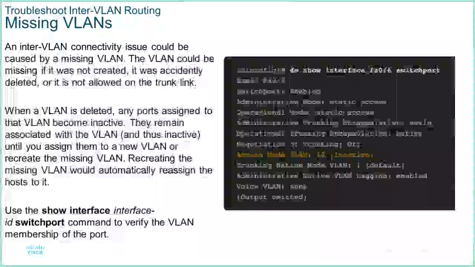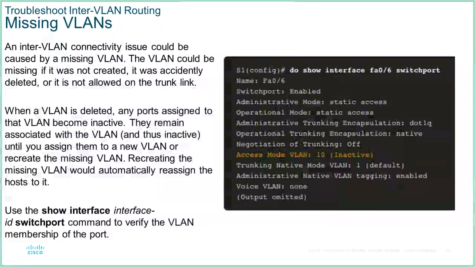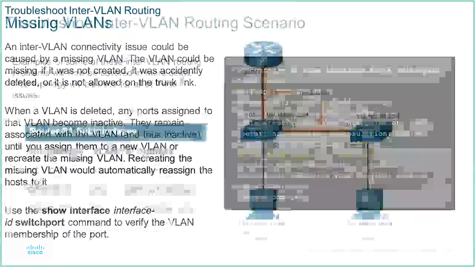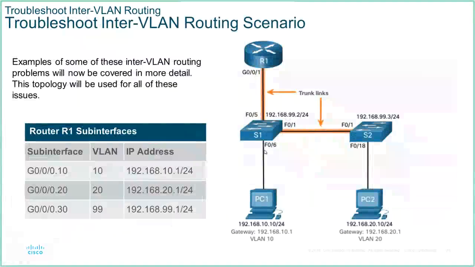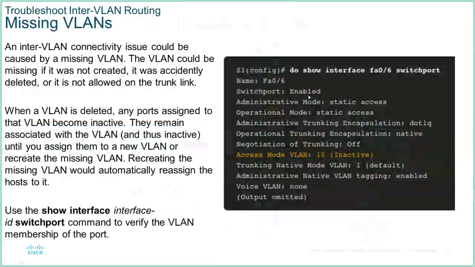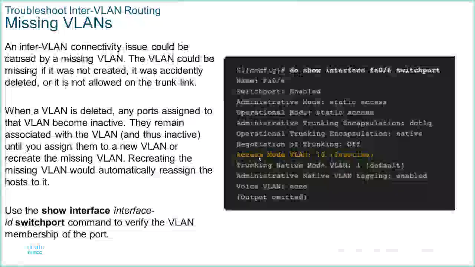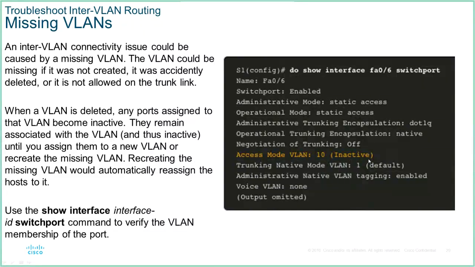Missing VLANs. So on switch 1, we're showing interface FastEthernet 6 switchport. So just to highlight, we're looking at the switch port that the host is connecting to on switch 1. So the switch port is enabled and it's running as an access port, and it's VLAN 10 and it's inactive, tagging is enabled.